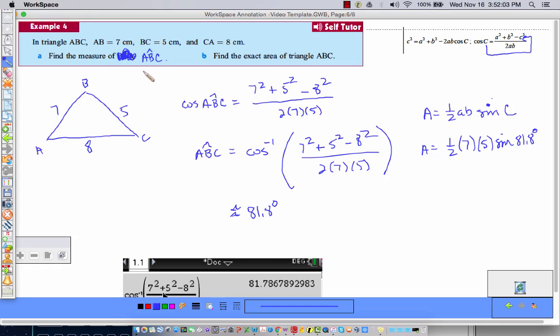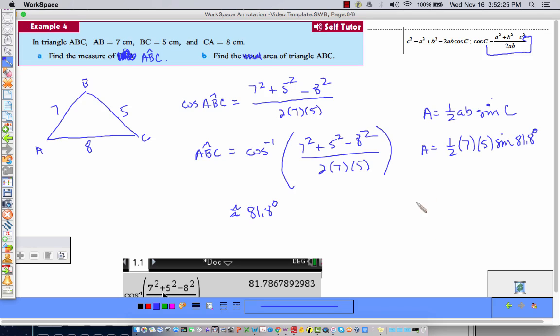It came out as a part of our unit circle, so we would be able to get an exact answer. But here we can't. So I'm just changing this to find the area of triangle ABC. But as it was written before, it was going to be a value that's on our unit circle, and we could have found the exact area.